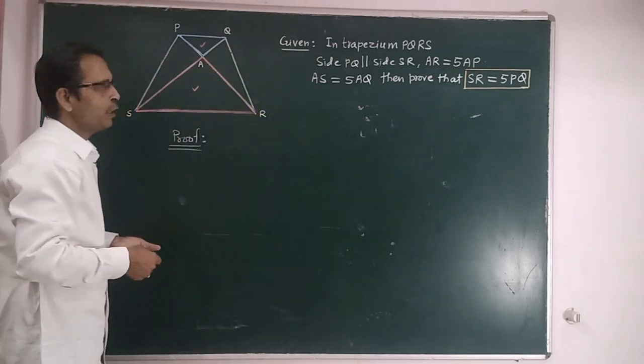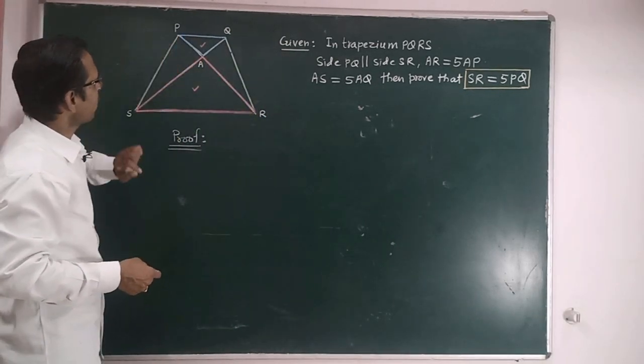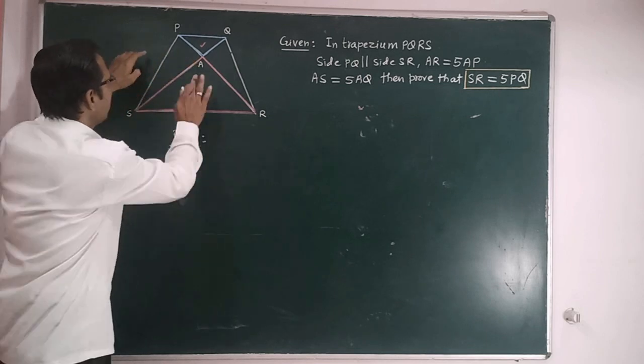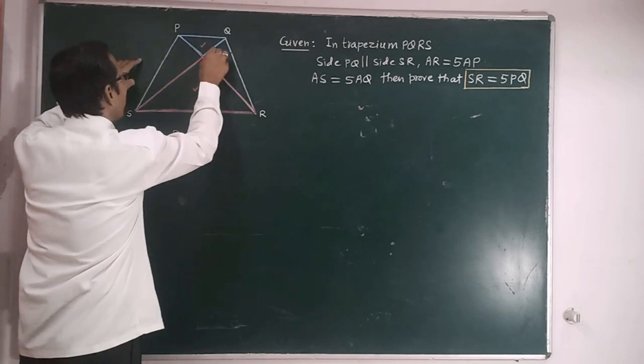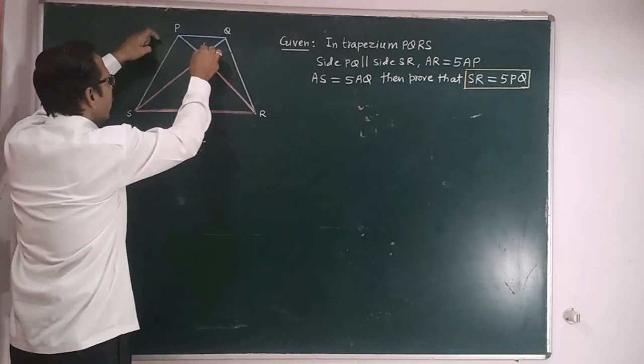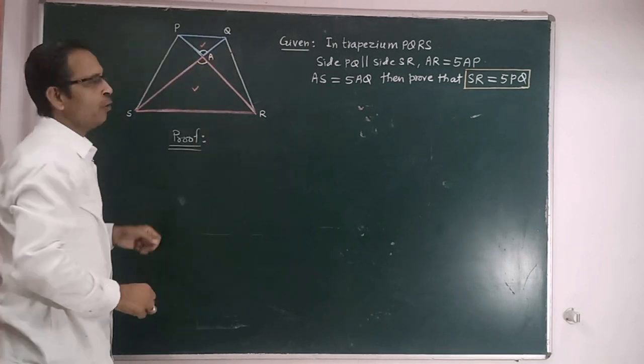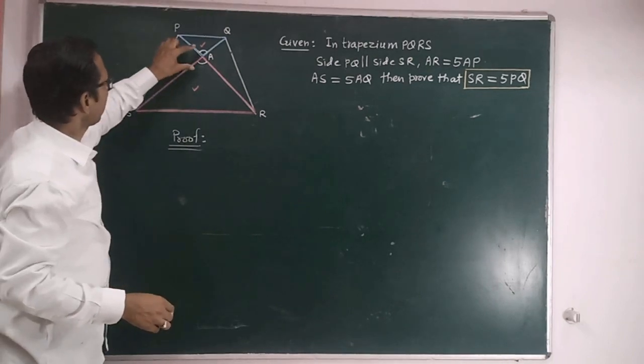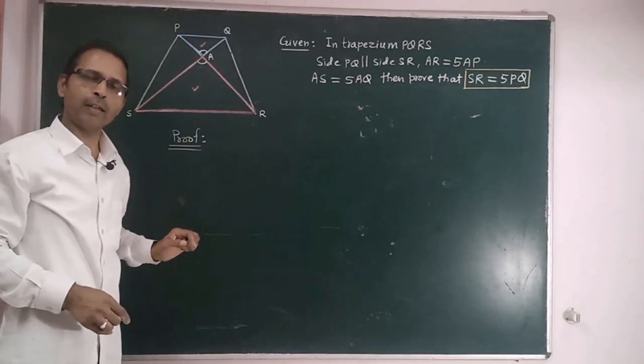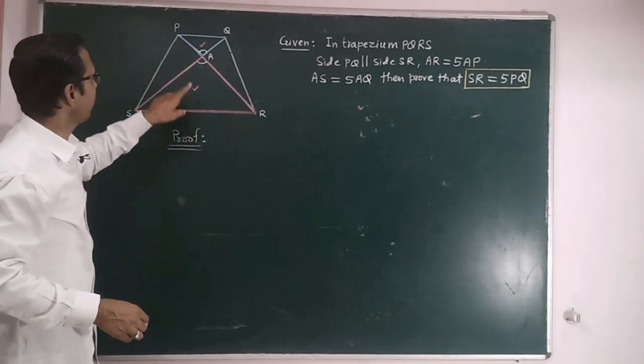Now it is very easy to show these two triangles are similar. See here, this is a point A. If you observe carefully, this angle and this angle are vertically opposite angles, and vertically opposite angles are congruent. Yes, this is the first statement.